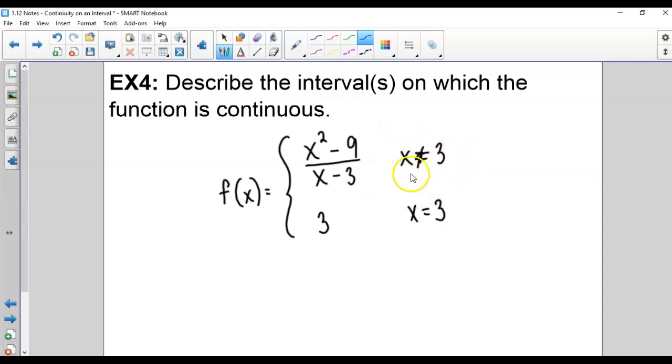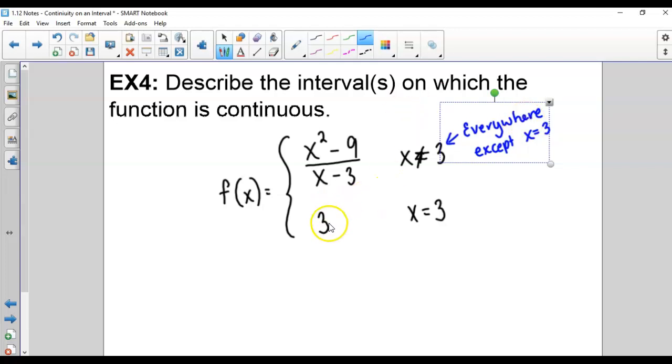So whenever we see x does not equal 3, this means everywhere except x equals 3. So that right there should be making us think that we've just got a hole in the graph somewhere, more than likely, anyway.